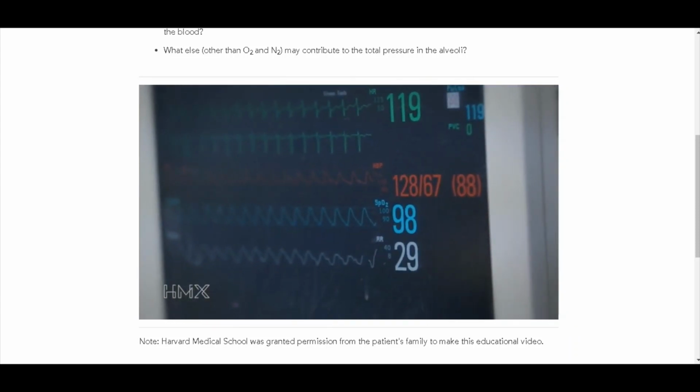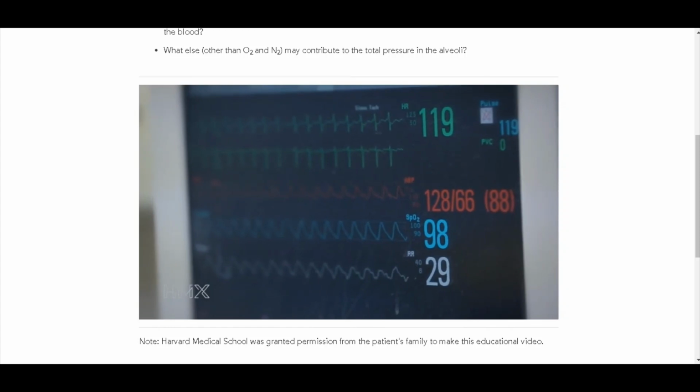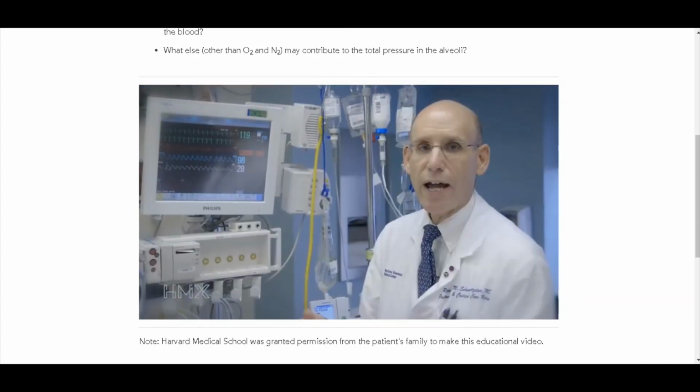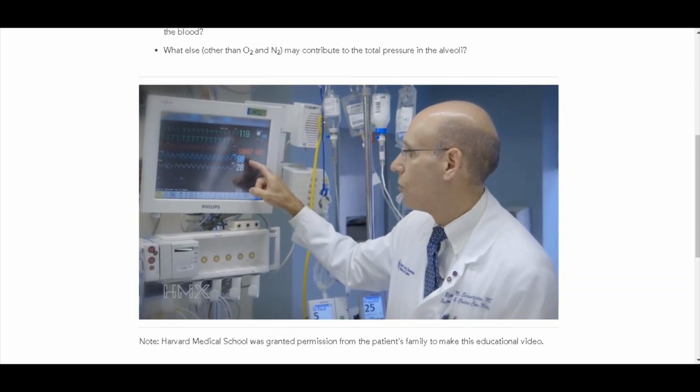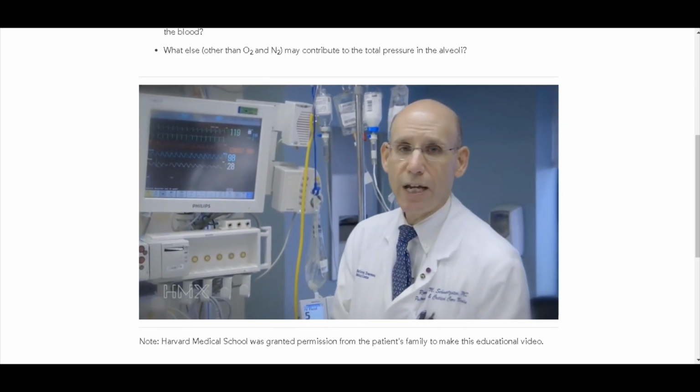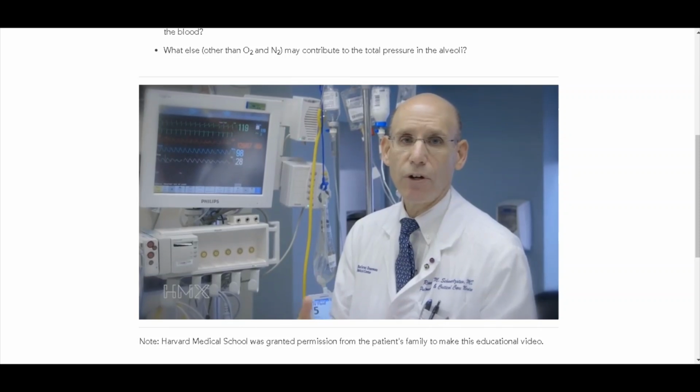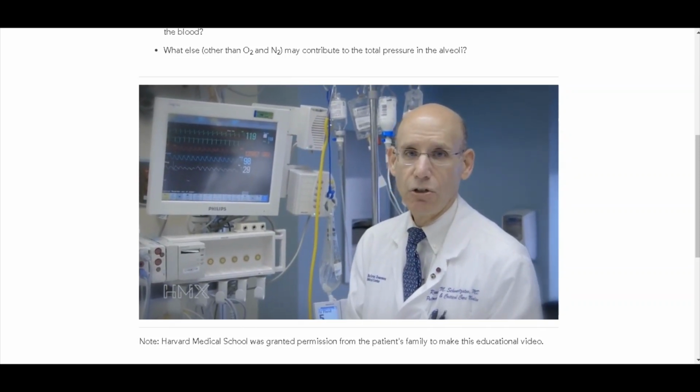This number, 98%, is telling us the percentage of binding sites for oxygen that are actually occupied by a molecule of oxygen. This is normal. We like to keep it above 90% in order to ensure that we're delivering an adequate amount of oxygen to the tissue.